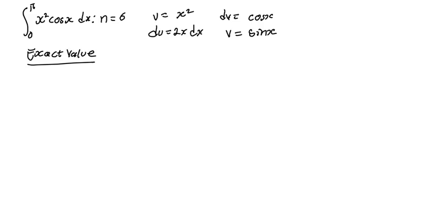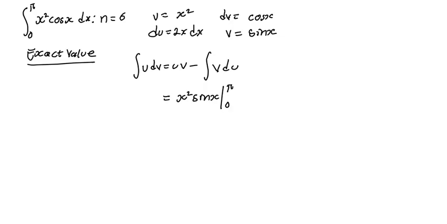Remember, using integration by parts, the integral of u dv is equal to uv minus the integral of v du. Our u is x squared and our v is sine x, so that's x squared sine x, evaluated from 0 to pi.